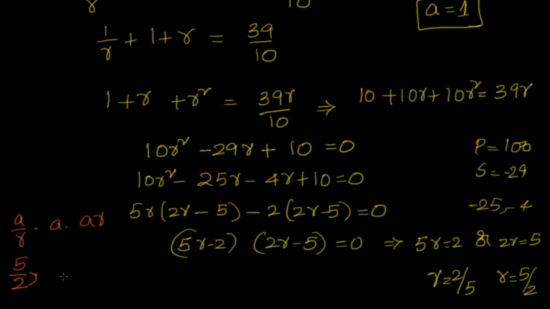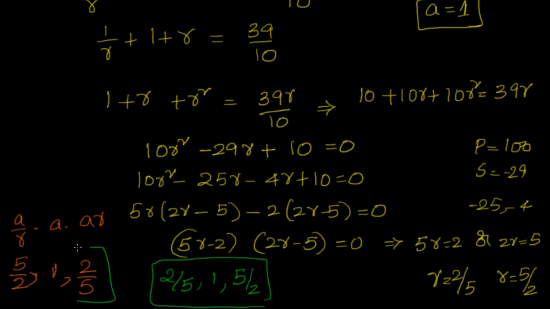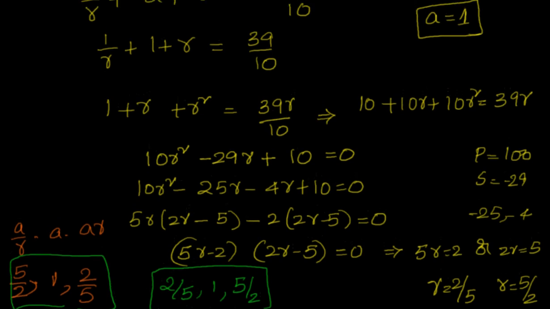And afterwards the next one is a, that is 1. The next one will be a into r, that is nothing but 2 by 5. If r is 5 by 2, it will be 2 by 5, 1, 5 by 2. So these are the terms whose sum is 39 by 10 and their product is nothing but equal to 1.